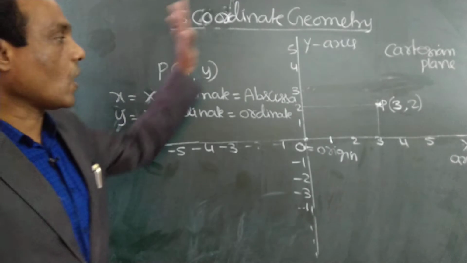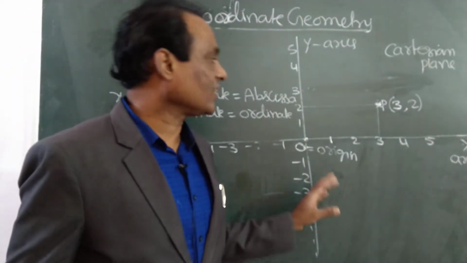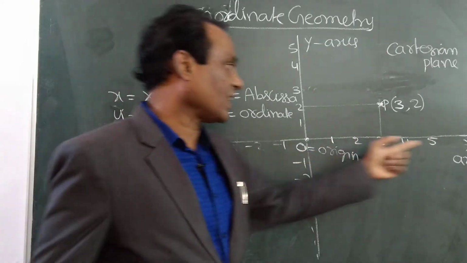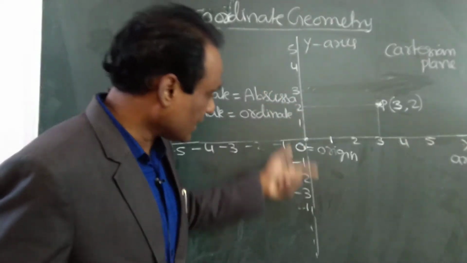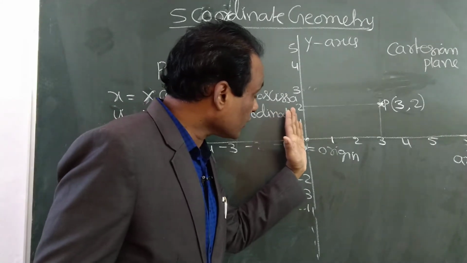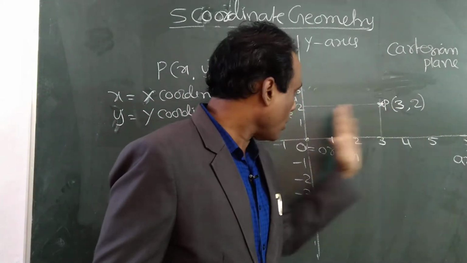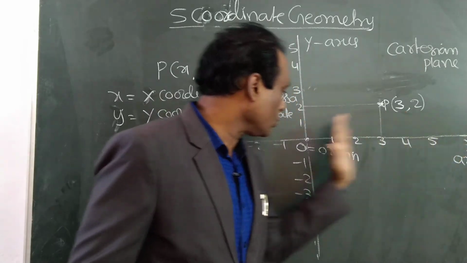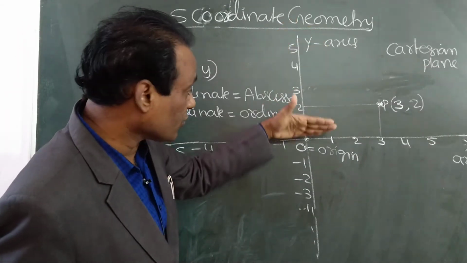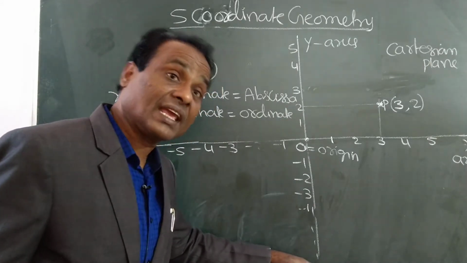Now this is the coordinate system, the basics for our chapter. You should know what the x-axis is, what the y-axis is, and what the origin is. On the right side of the origin the x values are positive, and on the left side they are negative. Above the x-axis the y values are positive, and below they are negative.